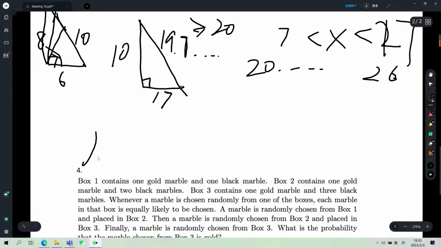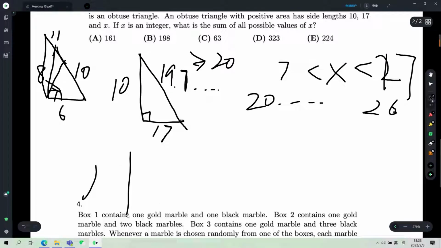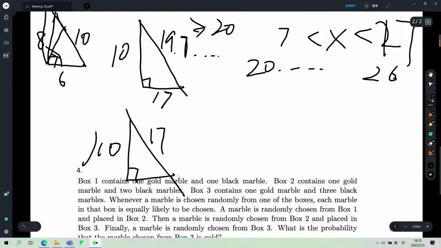Also, the other situation is if 17 is the longest side. By the same Pythagorean theorem, we can know that the other side is 13.75.